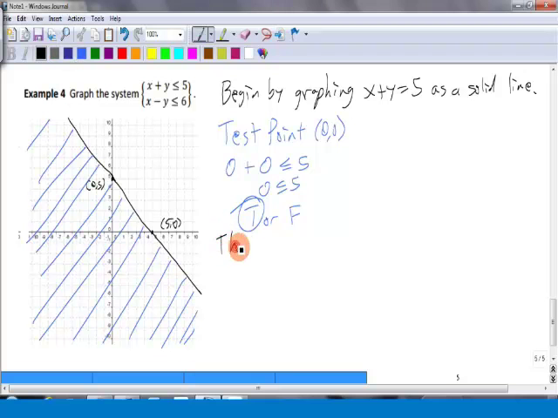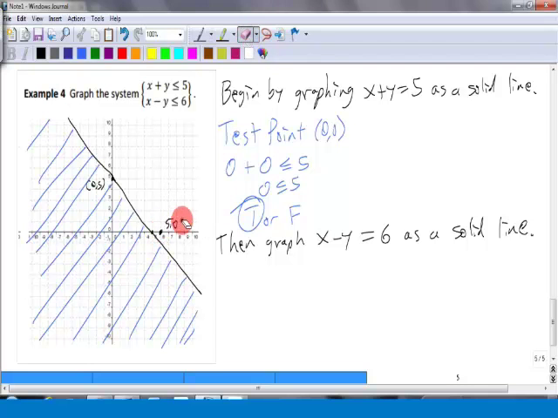Then graph x minus y equals 6 as a solid line. Again, the x and y intercepts are pretty easy to find. What is the x-intercept? It's 6.